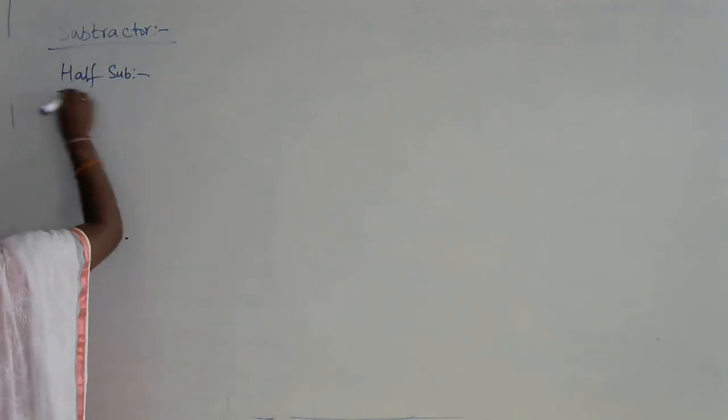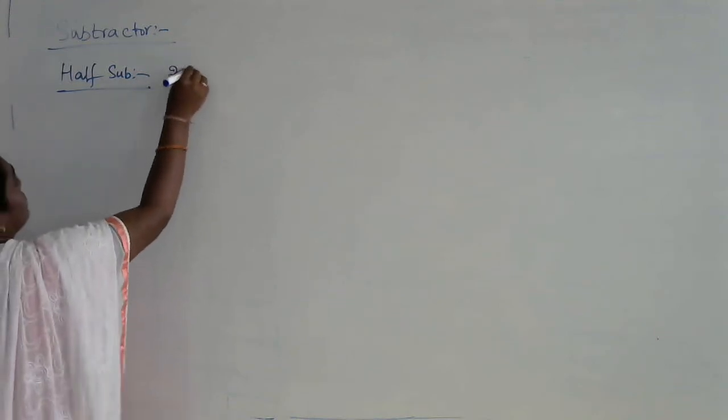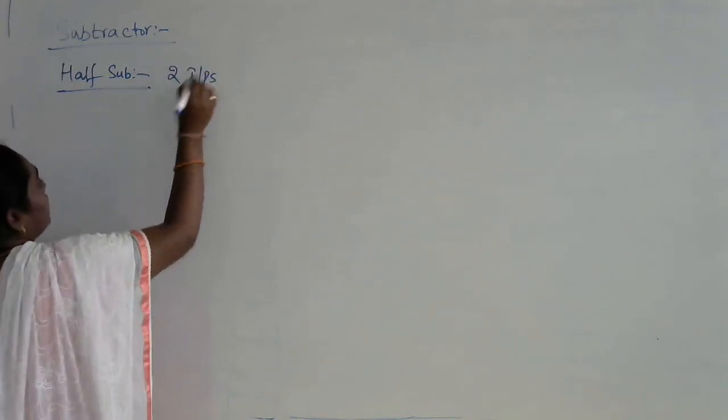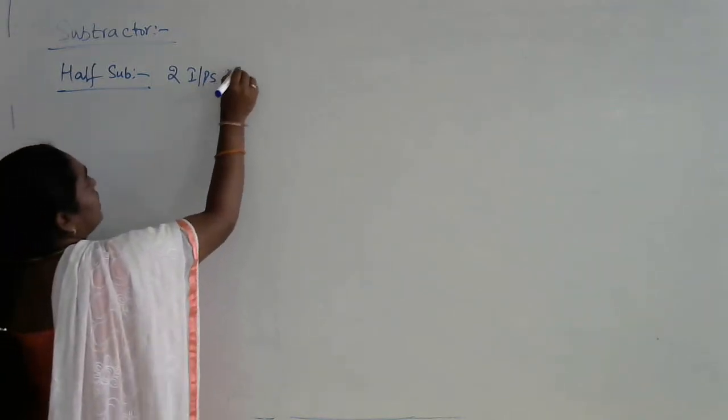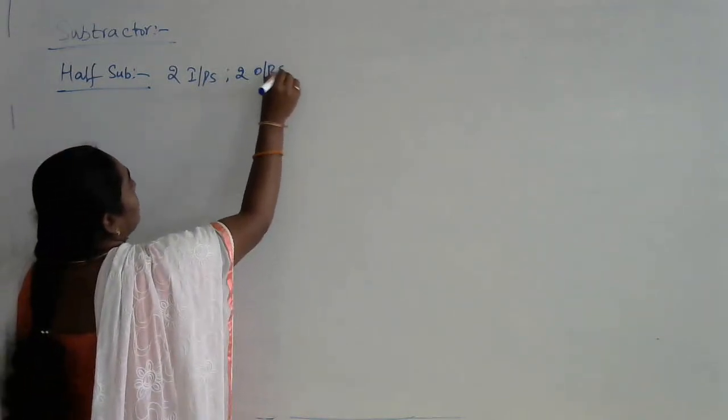A half subtractor consists of two inputs. Whenever we perform a subtraction operation, we get two outputs: one is difference and the other is borrow. So here, two inputs as well as two outputs.